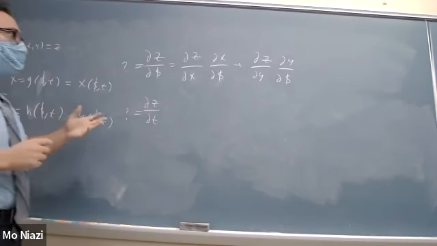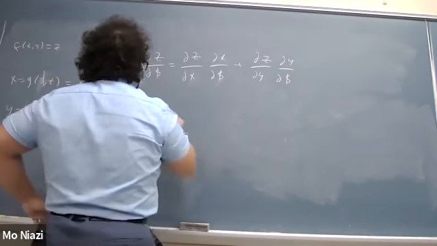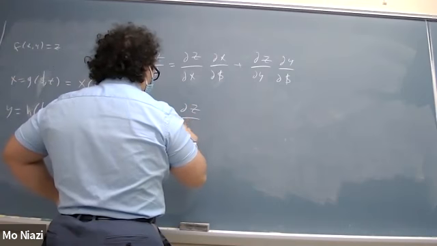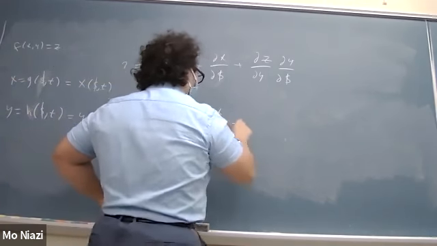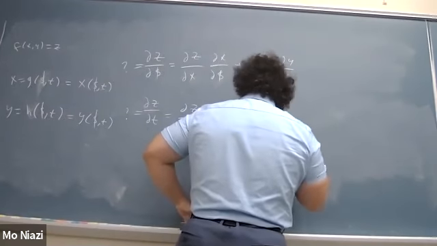See, I was trying to say partial z, partial s, but z is technically not a function of s yet. That's why we call s and t intermediate variables, okay? So to respect that they're intermediate variables, you can't write it out like that. So then this becomes partial z, partial x, partial x, partial t, plus partial z, partial y, partial y, partial t.